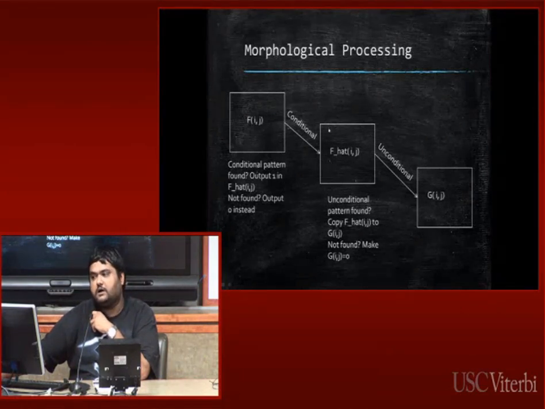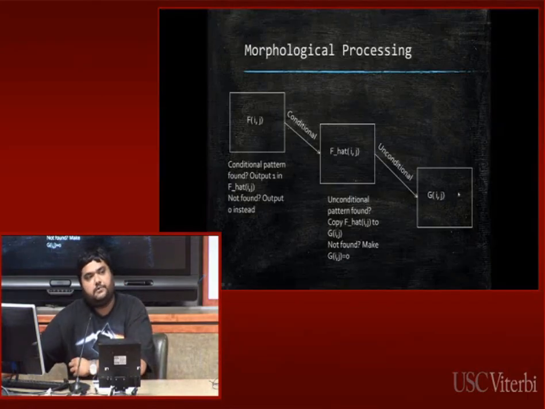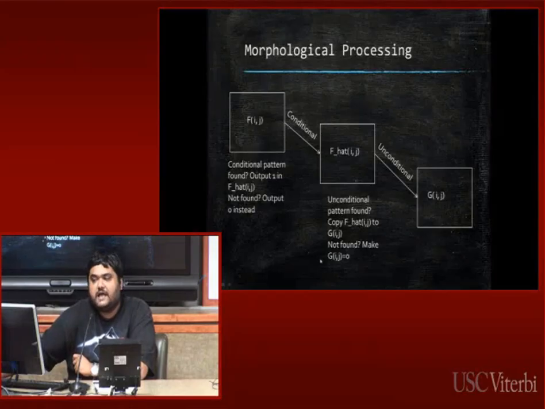If there is a 1 at the center, only then you apply the unconditional filtering to that location. If there is a 0, you don't do anything at all. If there is a 1, then you find the pattern. If there is a match, you output 1 in the final image, and if you don't find the pattern, you output 0.